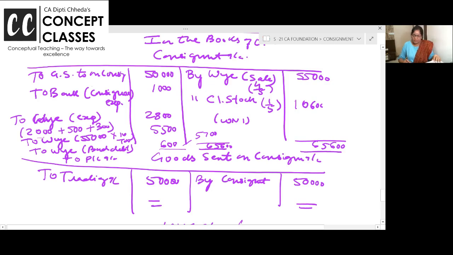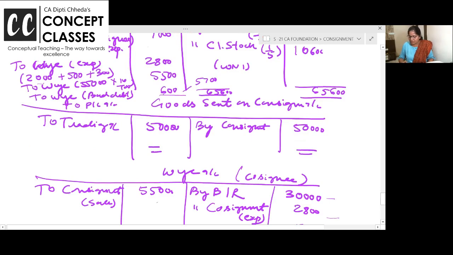Goods are sent on consignment, debit side, my expense. The consignee's expenses, all expenses will come in the consignment account, recurring and non-recurring. Only non-recurring will not come in the closing stock. Then bad debt, then as soon as you sell, on the credit side give the commission, and then closing stock.